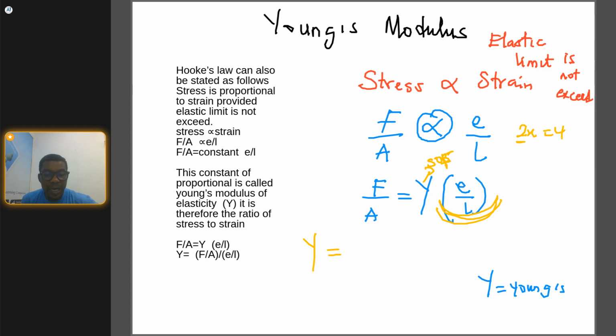So I'll be dividing both sides by these brackets, and that will give me F over A divided by e over L, which is also the same thing as saying F over A all over e over L. So Young modulus is given as F over A all over e over L. So that is the formula of Young modulus.